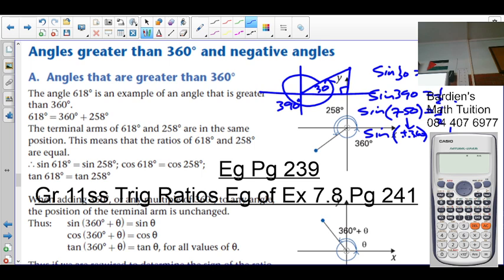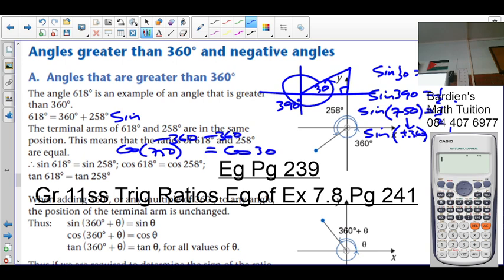Which means to say, if I take cos of 750, and I subtract 360 from it, and subtract 360 again, then that would have given me cos of 30, and they're all the same. If I subtract 360 from an angle, I don't change the value of anything. Can you see that? You guys understand?